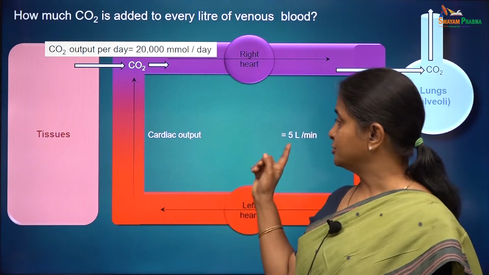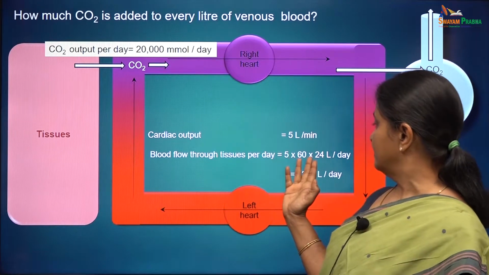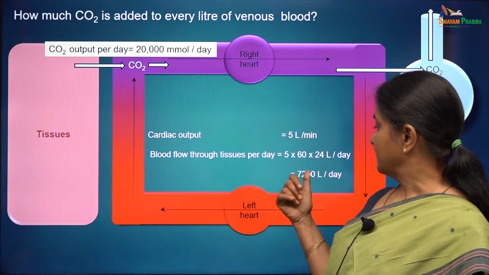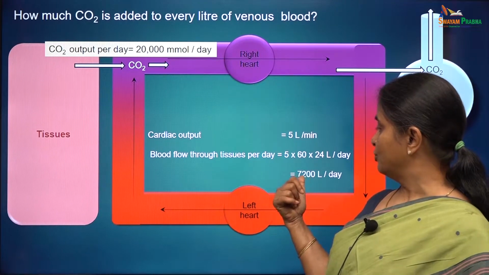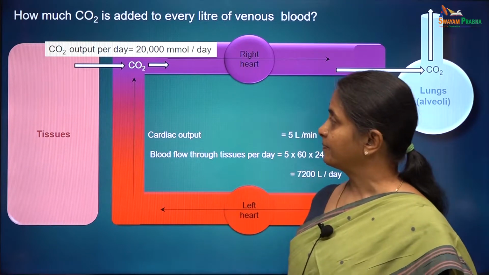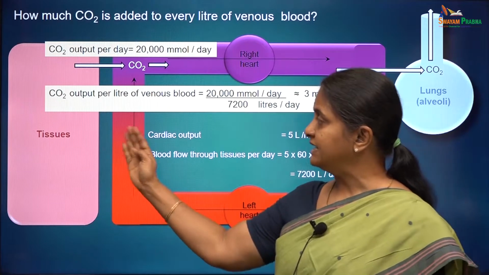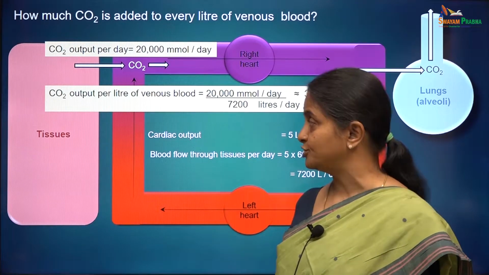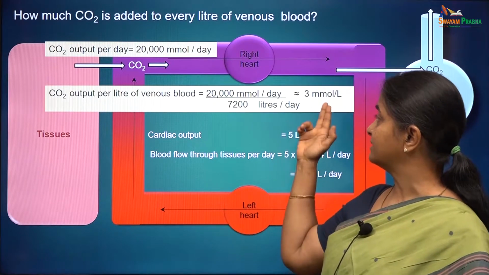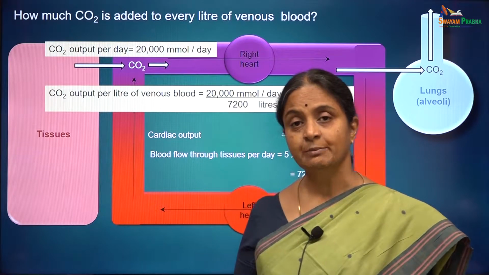The cardiac output is 5 liters per minute, and in a day there are 1,440 minutes, and therefore the blood flow through tissues is 7,200 liters per day. We can then work out the carbon dioxide output per liter of venous blood that courses through tissues as this value divided by the blood flow per day, and that gives us about 3 millimoles per liter.